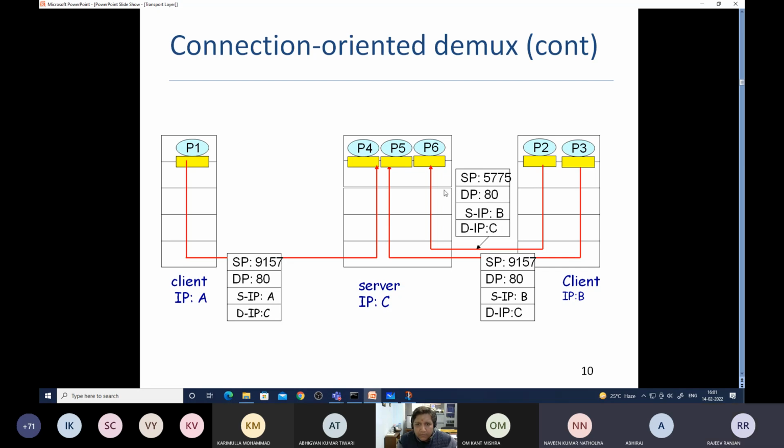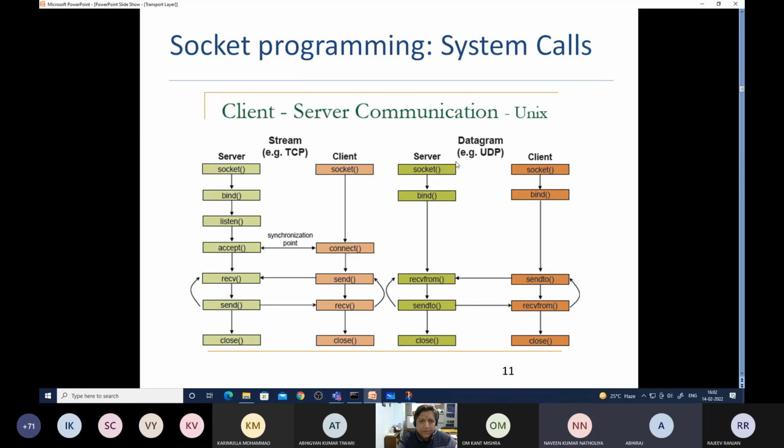And maybe P4, P5, P6 can be different processes or the same process. You can have one process providing different connections, and still you will be having different sockets.